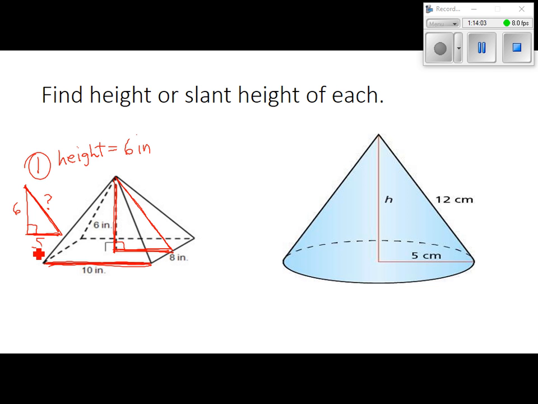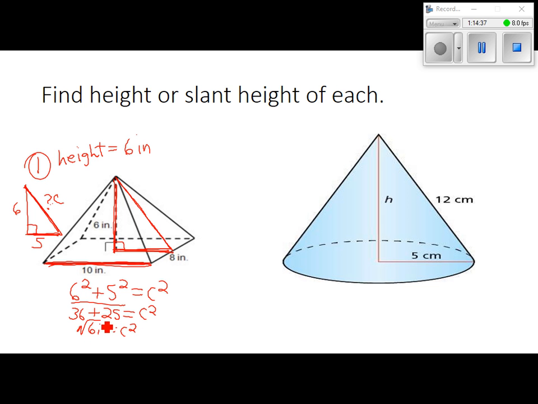And then to find that slant height, which is the c in Pythagorean theorem, we just do 6 squared plus 5 squared equals c squared. If you grab your calculator, you can punch all of this in, or since I don't have a calculator, I'll just do it. 6 squared is 36, 5 squared is 25, that equals c squared. Add those together and you end up with 61 equals c squared.